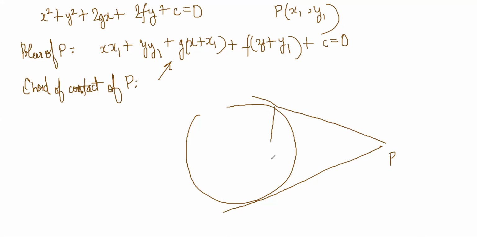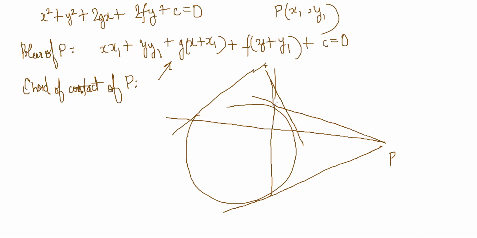The chord of contact is this line, and the polar will be some line like this, and then the point of intersection. The figure is slightly wrong. It should be the extension of this only, so it will come as the same thing.